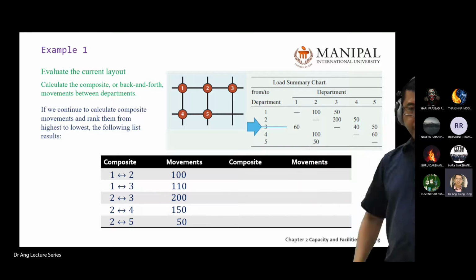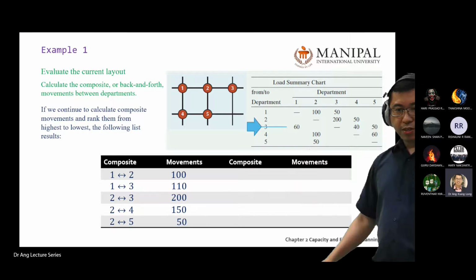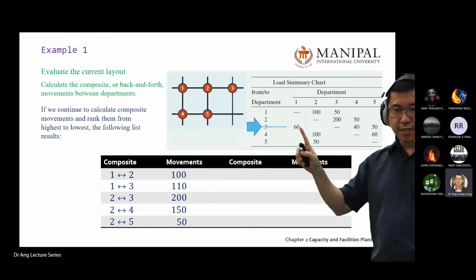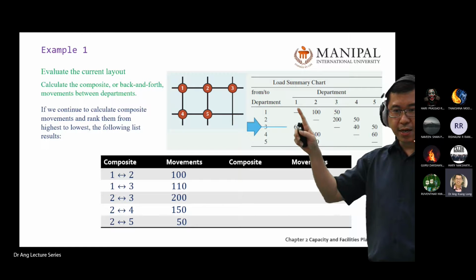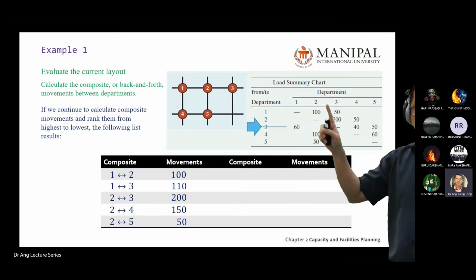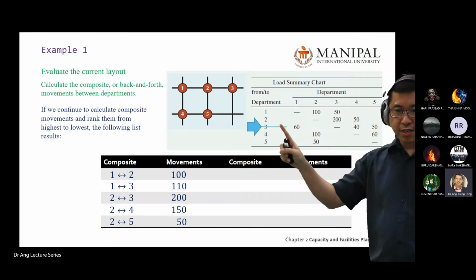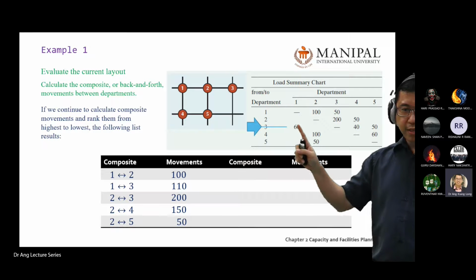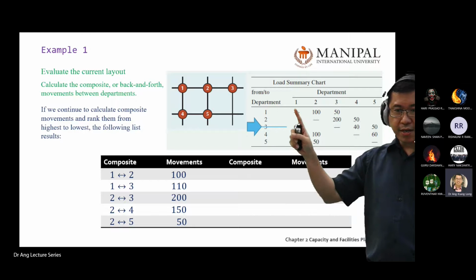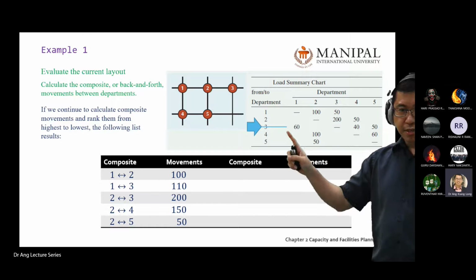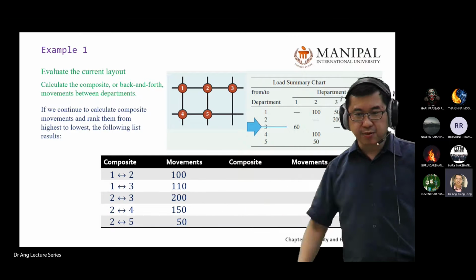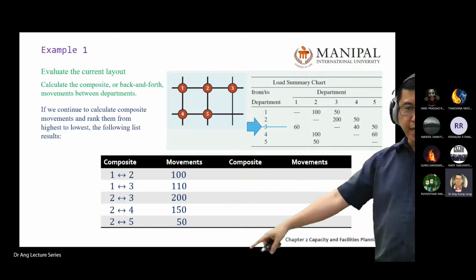You analyze with the same method. So you look at 3, 1, you get 60. And then remember to send back from 1 to 3. Here 3 to 1, you get 60. Remember to send back 1 back to 3, you get 50. So this is 1, 3 and 3, 1, same as this one, so you don't need to repeat anymore.